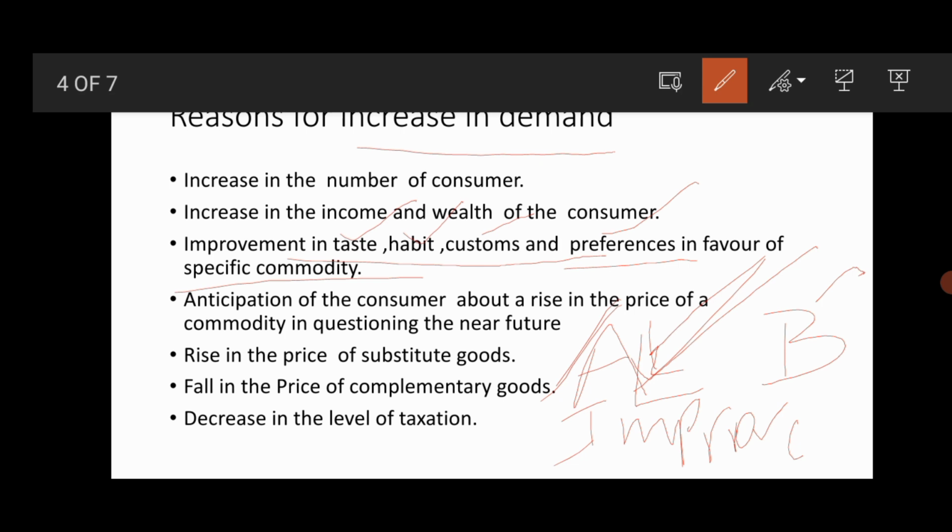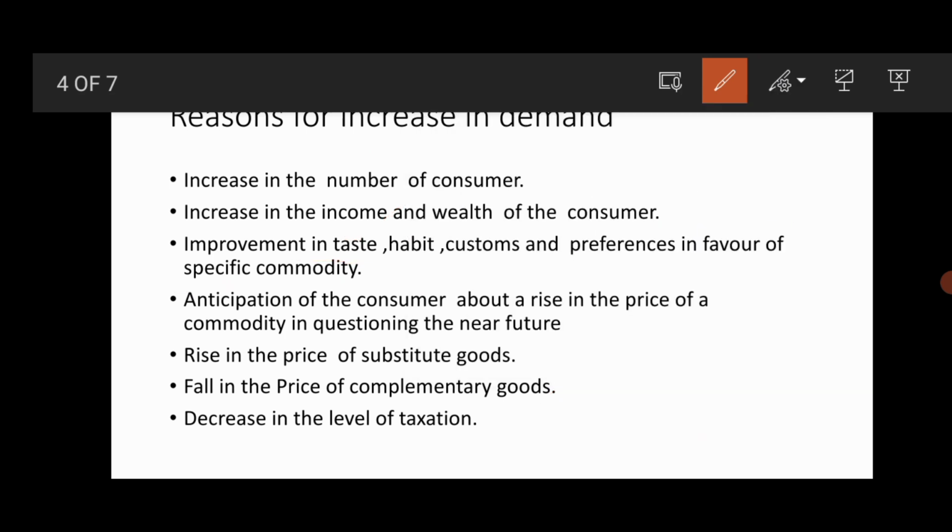Next, anticipation of consumers about a rise in the price of a commodity in the near future. If the consumer anticipates that in the future the price of a particular commodity will increase, now they will purchase more. Because of that, current demand of that product will increase.